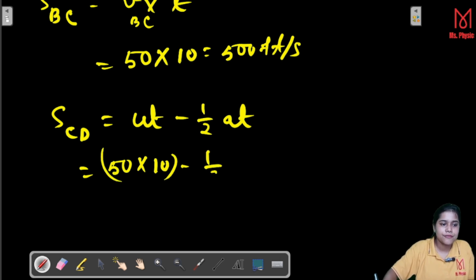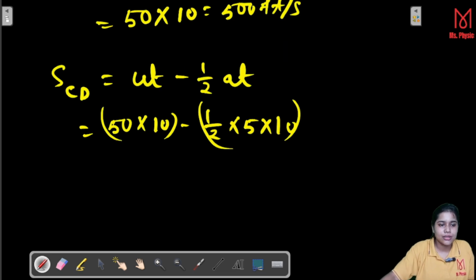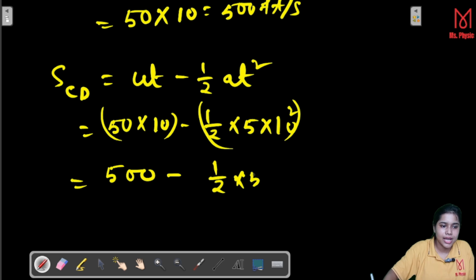Minus half of a, where a is 5, and time t is 10. So if you calculate, t square would be 10 square. So 50 times 10 gives 500, minus half multiplied by 5 multiplied by 100.